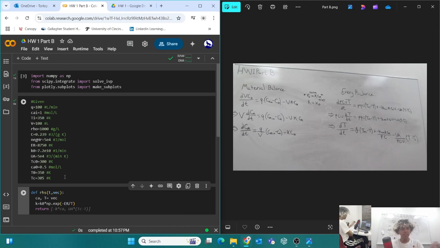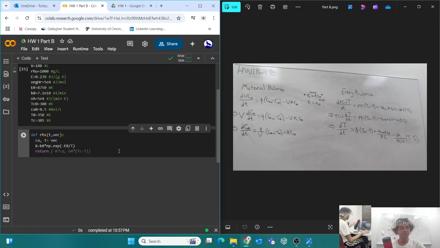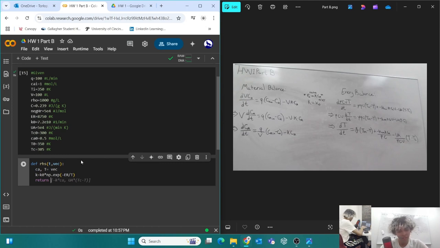Our return is going to be the two final equations that we got when we did the full material balance and the full energy balance, because we're looking for d concentration over d time and d temperature over d time. That's essentially what the function we're defining does.